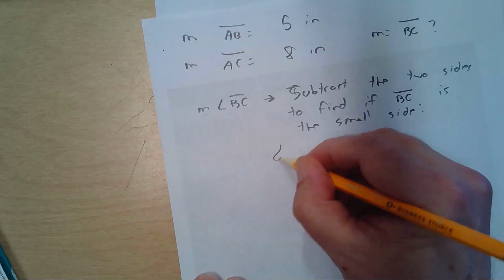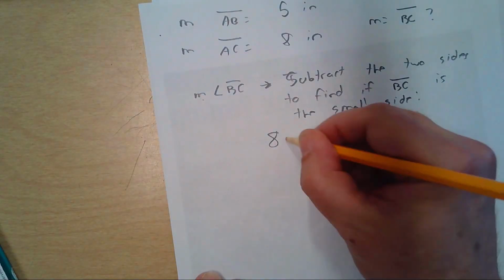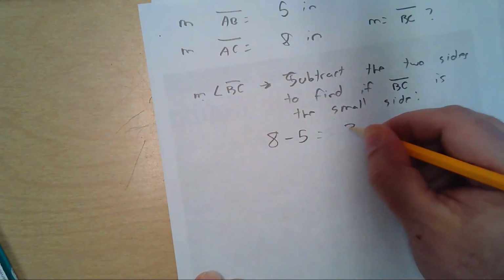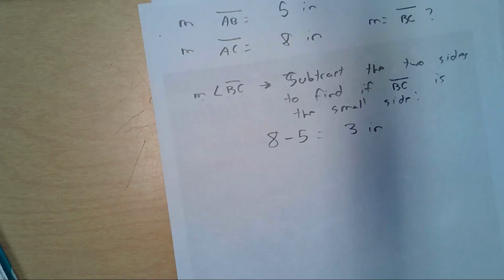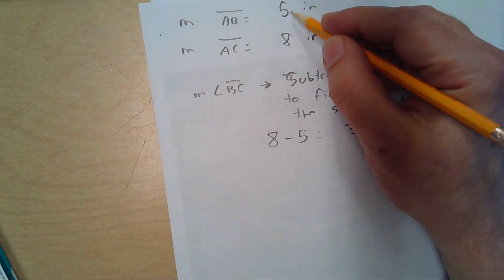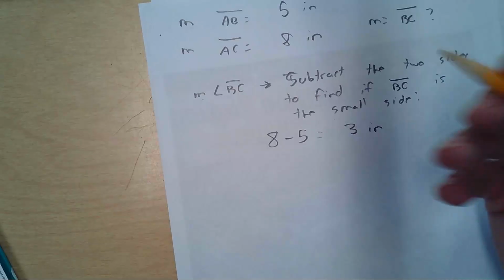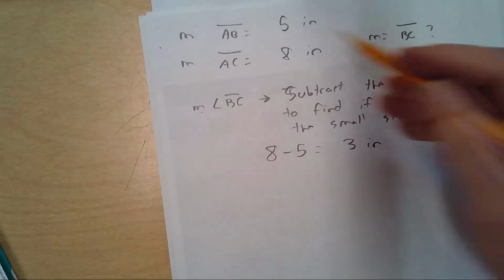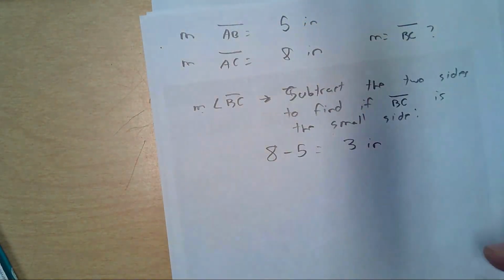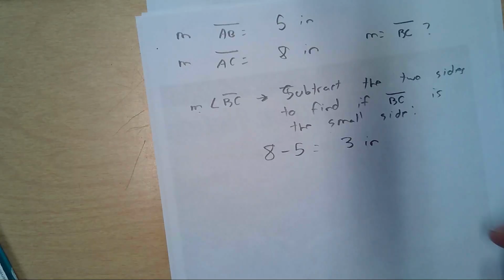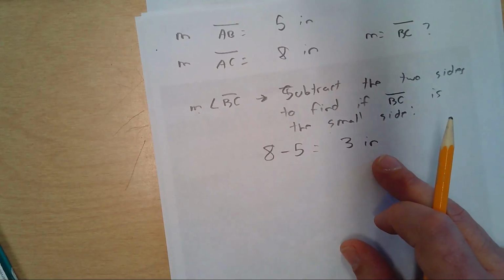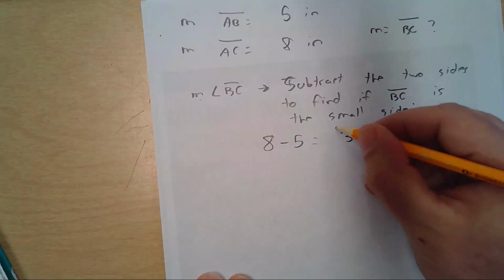So I take the biggest side I got, which would be 8, subtract the smallest side, 5, meaning BC could be 3 inches long, because 3 plus 5 is 8. This third side, BC, could be 3 inches long, as small as. This is the smallest it possibly could be. So that's one of my answers here.